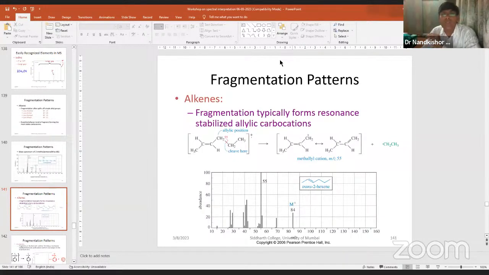This shifting of the positive charge from here to here gives more stability to this fragment. So this fragment is considered to be the base peak in the spectrum, where the ethyl group is lost. That means if you subtract 29 from 84, you will get 55. So this is a simple understanding of how you are going to read the mass spectrum.